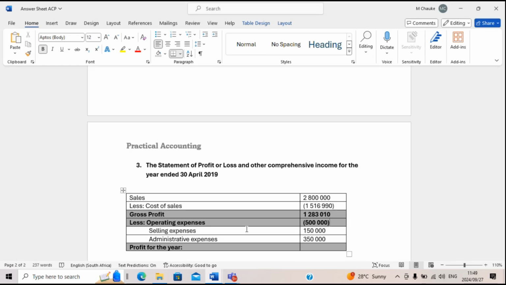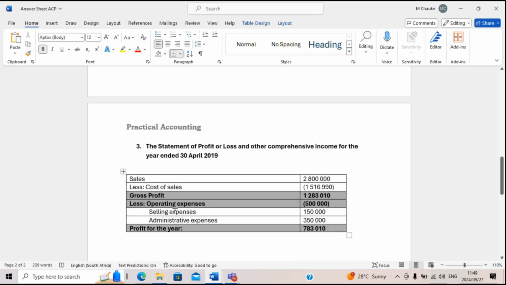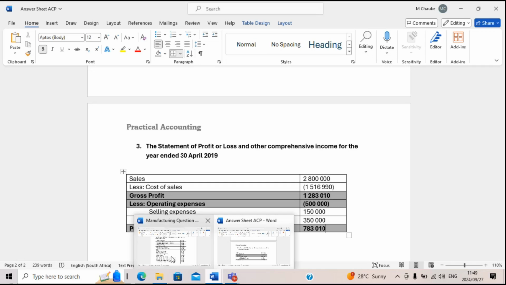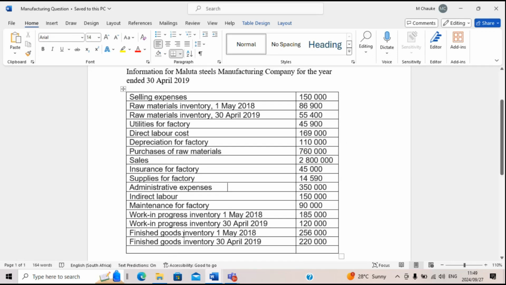So profit for the year is equal to 783,010. 783 and 10. That is our profit. That is our statement of profit or loss and other comprehensive income for the year ended 30 April 2019 for Maluta Steels Manufacturing, right?